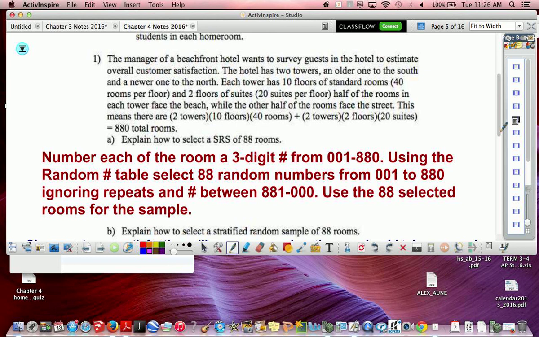Okay, so they vary by one being old, so the south is the old one, the new one's in the north. So they vary by the location, north-south. What else do they vary by? Okay, how they face. One faces the beach, and half the rooms face the street on those main floors.